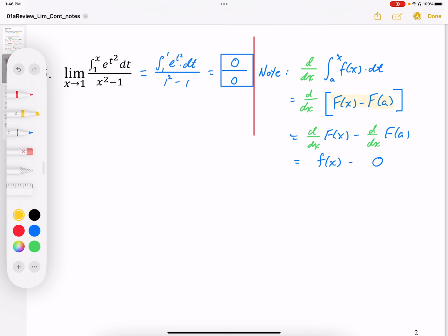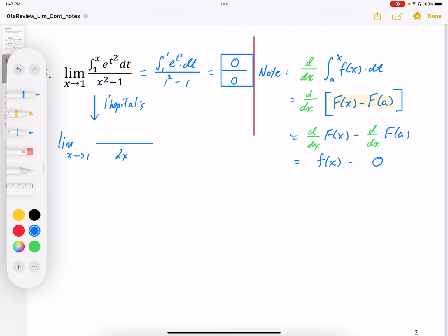So I do have the conditions for L'Hopital's, so I'm going to apply L'Hopital's, which means I'm going to differentiate that integral. So I get the limit as x approaches 1. The denominator is going to just be 2x. The numerator is going to be that expression.